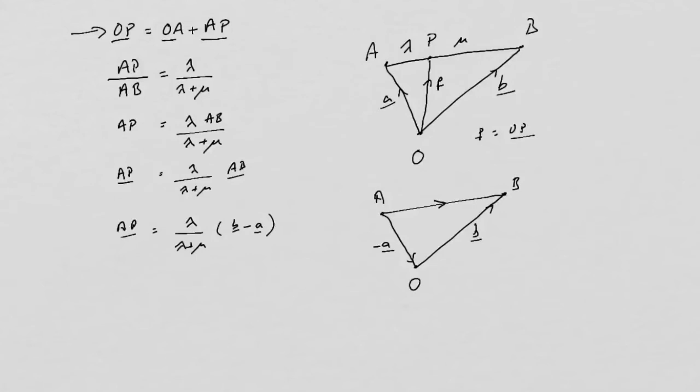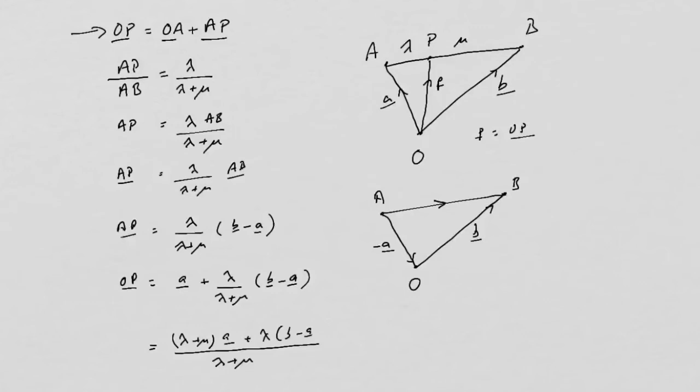So we have OP equals OA, which is just little a, and then we've just seen that AP is lambda over lambda plus mu times B minus A. And then if we make lambda plus mu a common denominator, little a has to be multiplied by lambda plus mu, and then we have our lambda times B minus A.